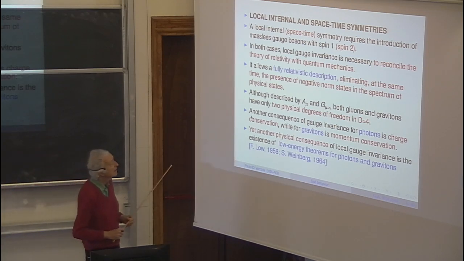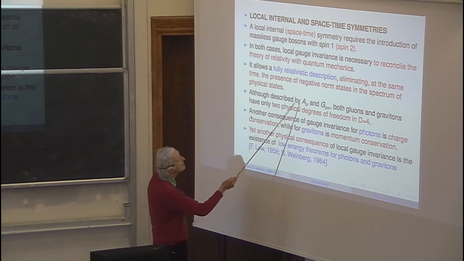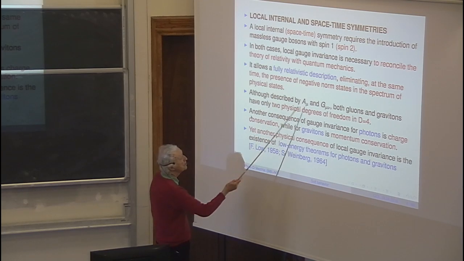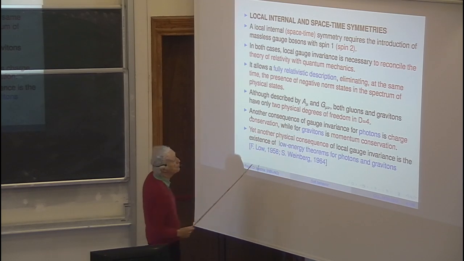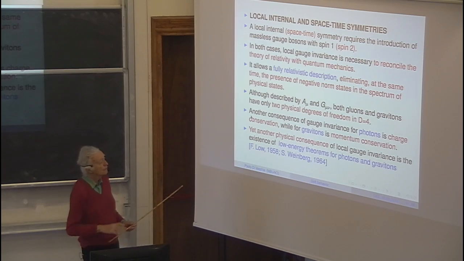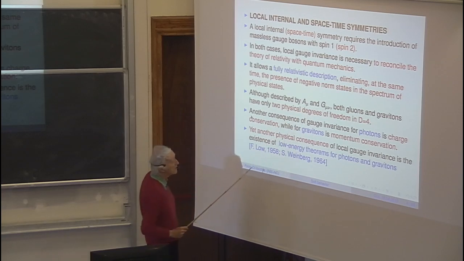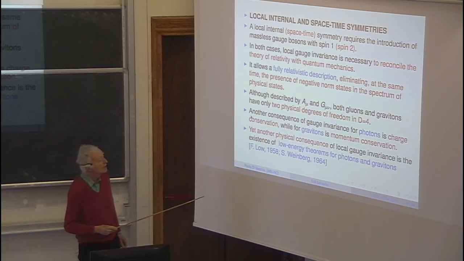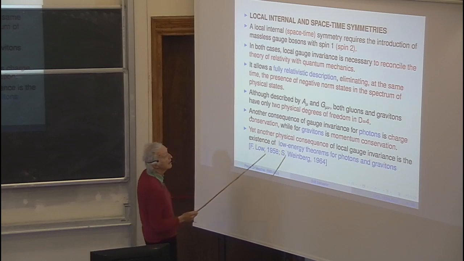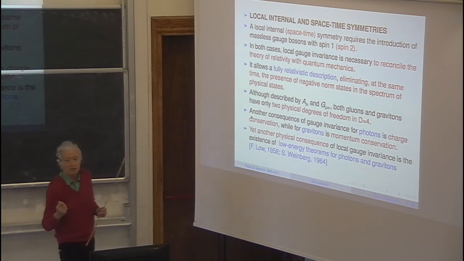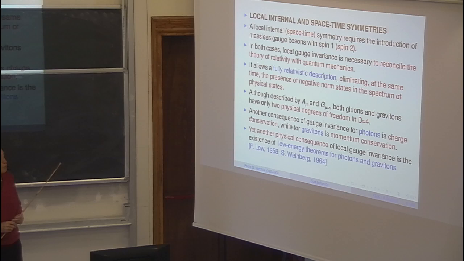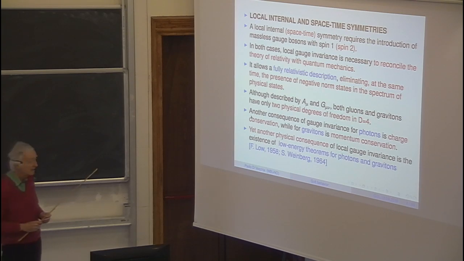In fact, you have a complete relativistic description with A mu and G mu nu, so that you can describe the physics in terms of these, but the degrees of freedom are only, in 4 dimensions, only 2. And gauge invariance is what is needed to have both a description which is relativistically invariant, and only physical positive norm degrees of freedom.